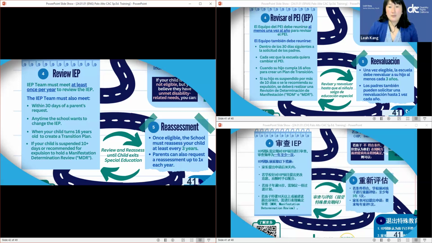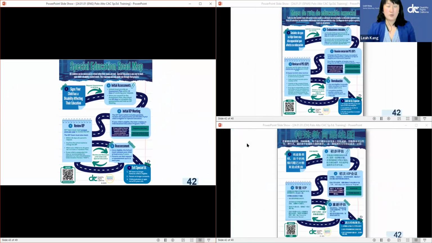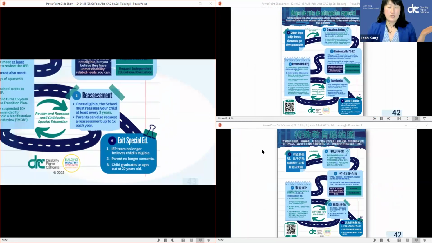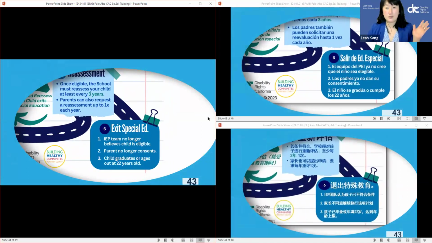So that then brings us to the last step in our roadmap here, which is, when does a student exit special education? And I think Gabriella mentioned some of this already, but there are only 3 ways that a student is exited from special education. One is there's an IEP meeting and the team decides these services are no longer needed, for whatever reason.